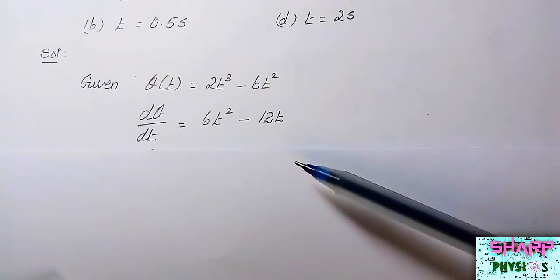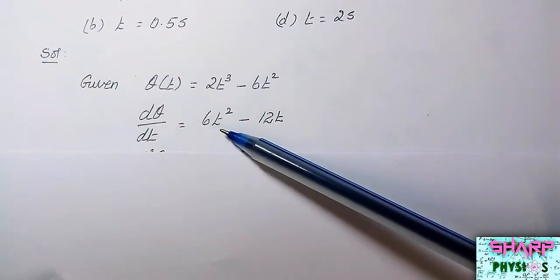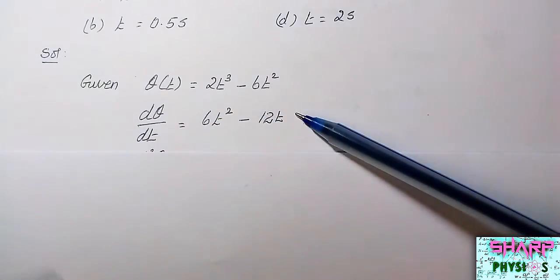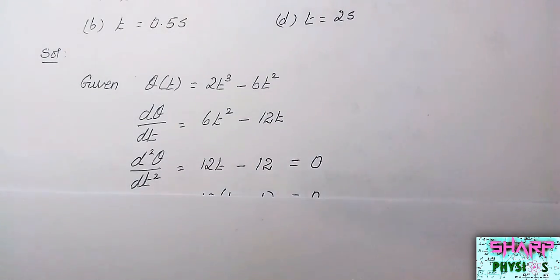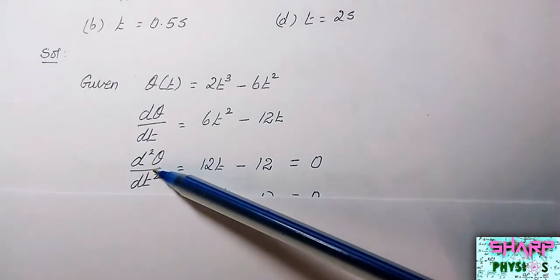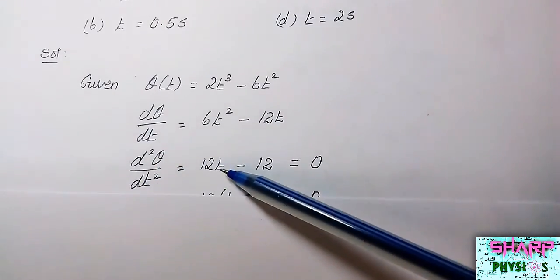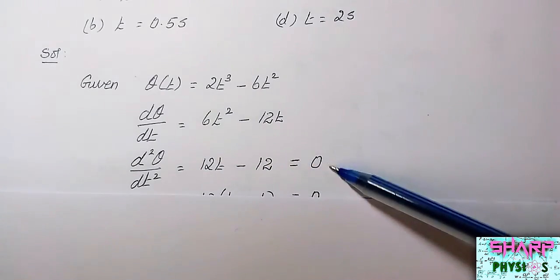Again take the second derivative. d squared theta divided by dt squared is equal to 12t minus 12, equal to 0.